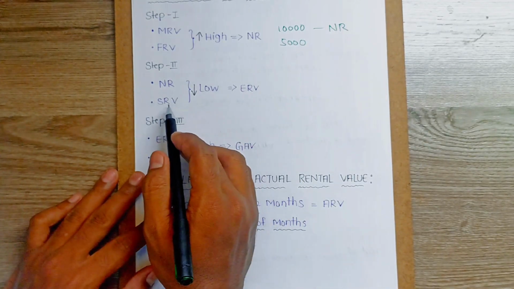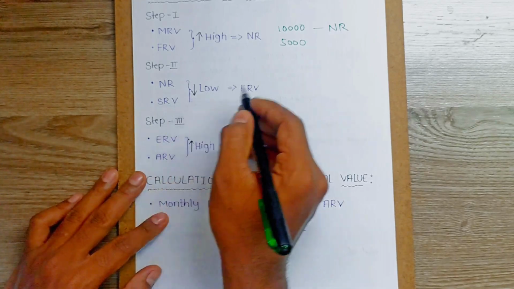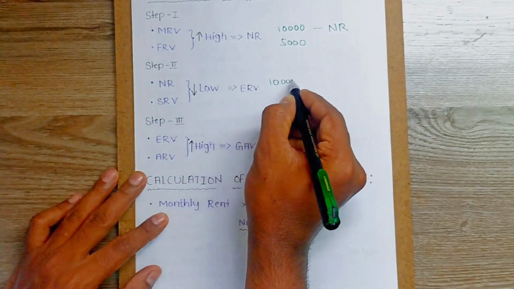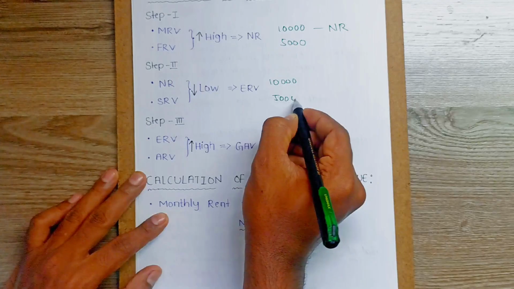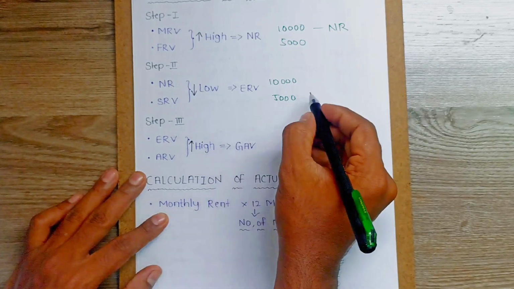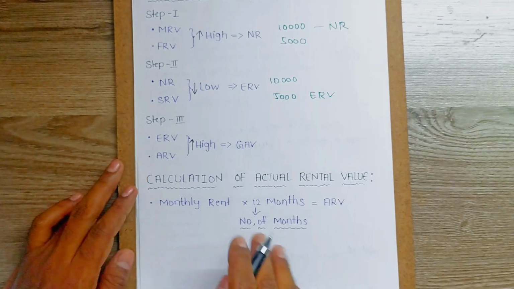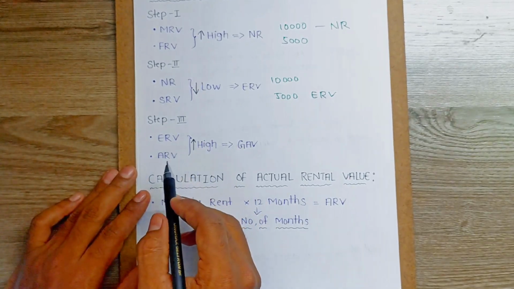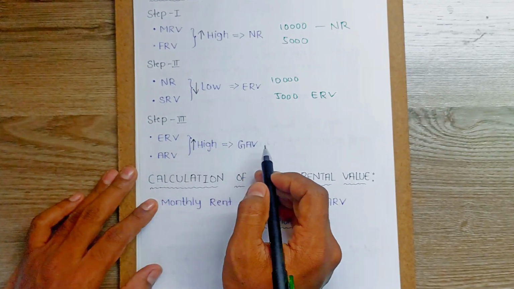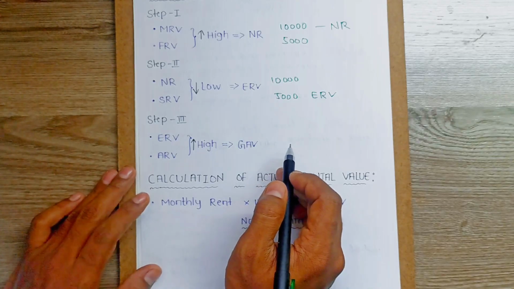Notional rent and standard rental value, whichever is lower, like 10,000 and 5,000, we consider it as ERV, expected rental value. And in the third stage, ERV and ARV, whichever is higher, we consider it as GAV.